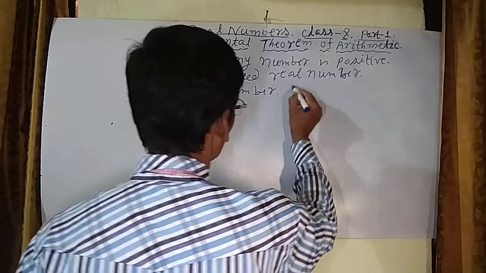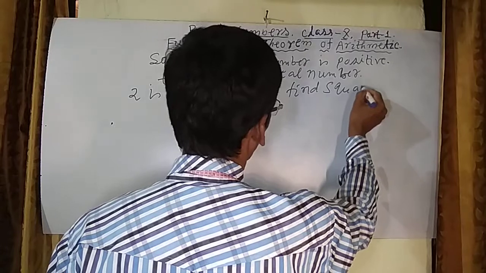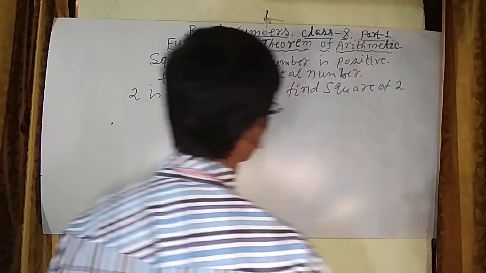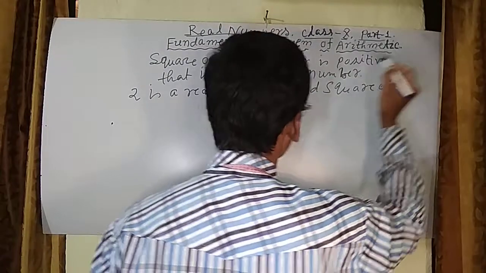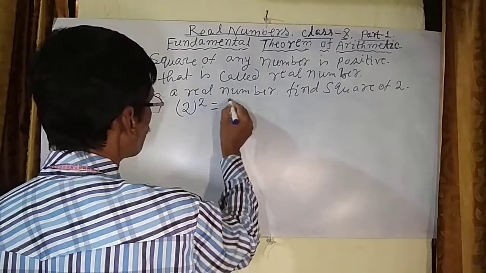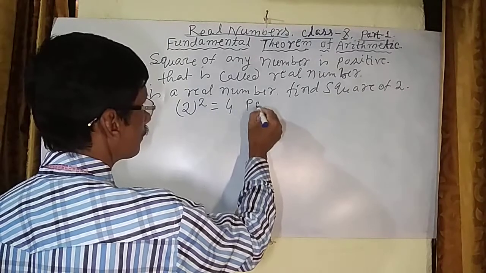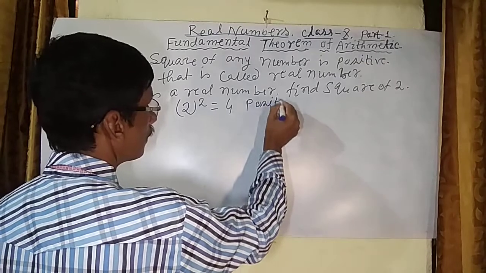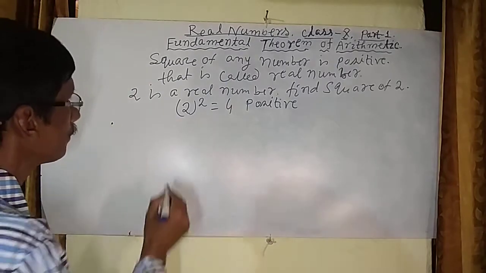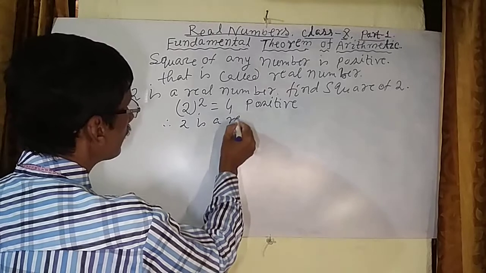First find the square of 2. It is 2 square equal to 4. Okay, it is plus 4, positive. So therefore 2 is a real number.